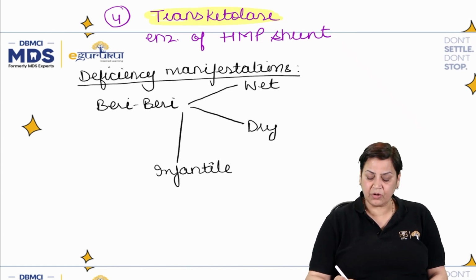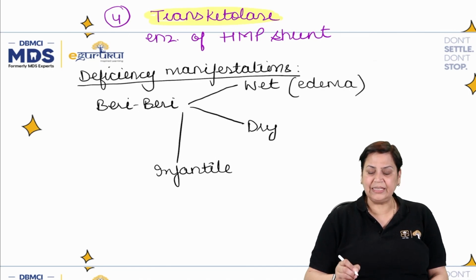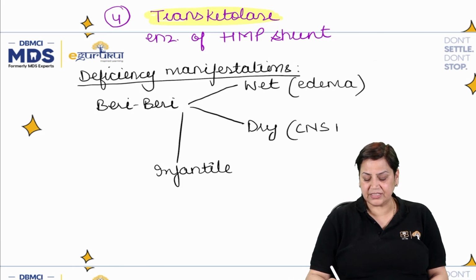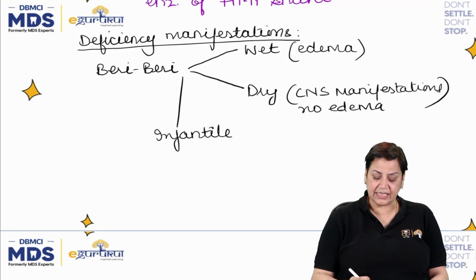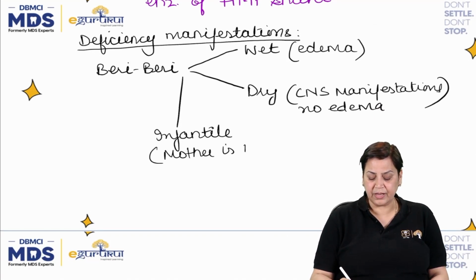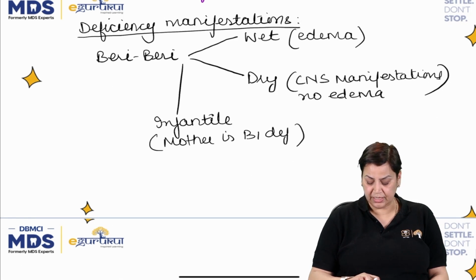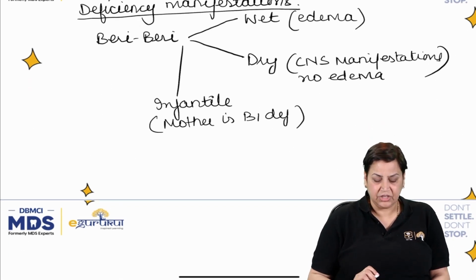In wet beriberi there is retention of fluid, so it leads to edema. In dry beriberi mainly CNS manifestations are there, but no edema. And infantile beriberi occurs if the mother is B1 deficient, so it will automatically be transferred to the child.